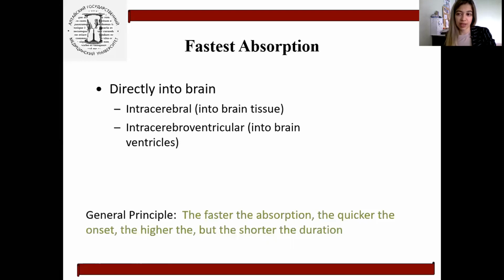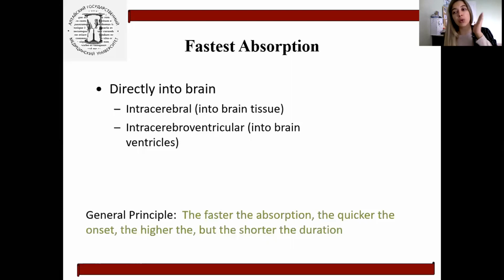Actually, I don't think that this is a very popular type of administration, but maybe sometimes in the hospitals. And what is the general principle of this? The faster the absorption is, the quicker is the onset, and the higher is the effect, but the shorter is the duration of action.